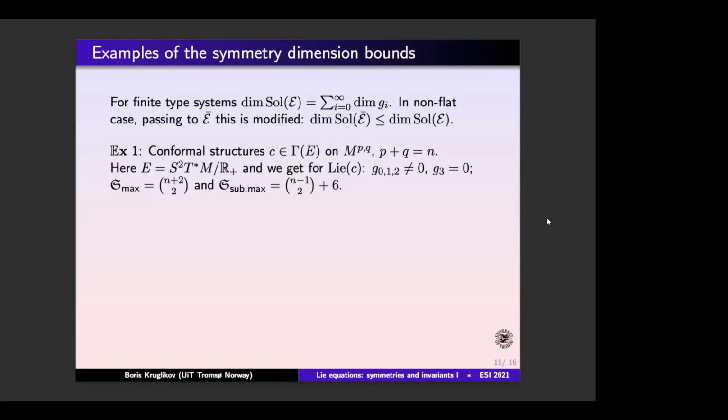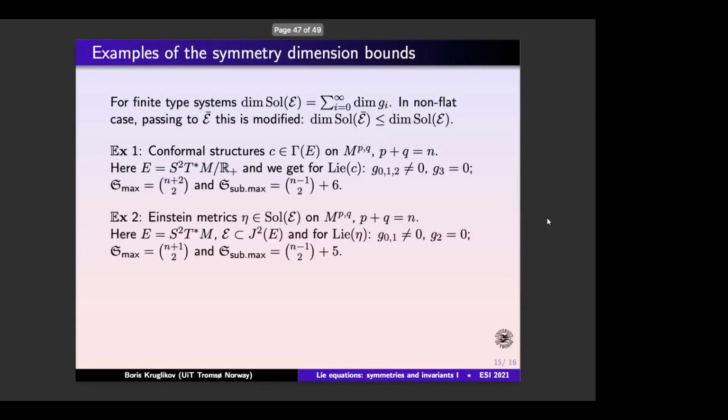And yes, this is actually achieved on Einstein metrics. So if we take, for example, another metric, but I will put restrictions, not an arbitrary metric now, but say, for example, an Einstein metric. So the bundle is the same as for a metric, just the second symmetric power of the dimension space. However, I will do prolongations of this, and then I'm going to put second order restrictions in this equation.